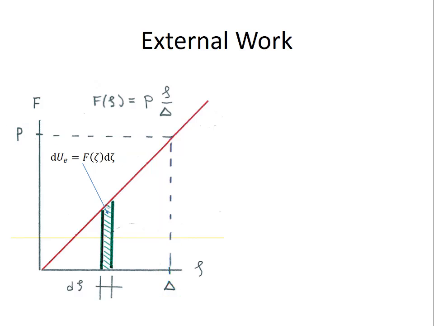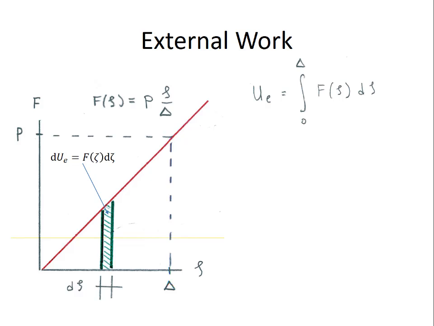As the structure deforms, we'll look at a small increment of deflection, d zeta, and that will define for us a small increment of external energy, dUE, which is equal to F at that value of zeta times d zeta. I've also indicated here the expression for F of zeta, which you can confirm for yourself. It's the equation for a straight line.